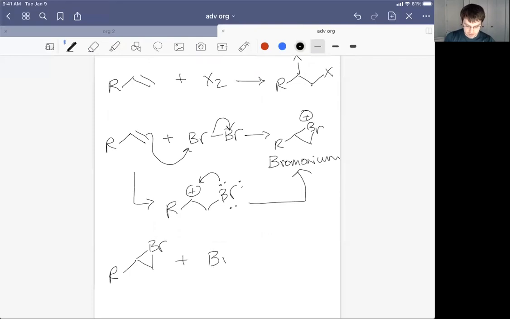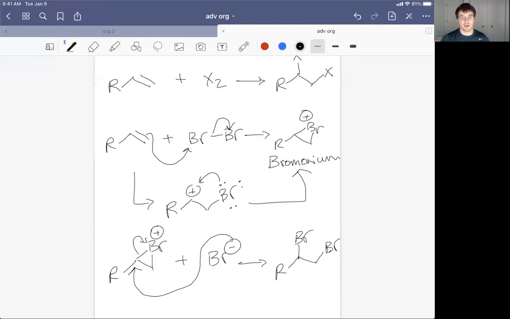That is, we can have the Br minus engage, in this case, the more substituted position, because we're under acidic conditions, allowing us to ring open from the more substituted position. Now, it doesn't matter in this case whether we add to the more or less substituted position in terms of the final product, because both of the X's are the same, so it doesn't matter which one added to the left or the right side.